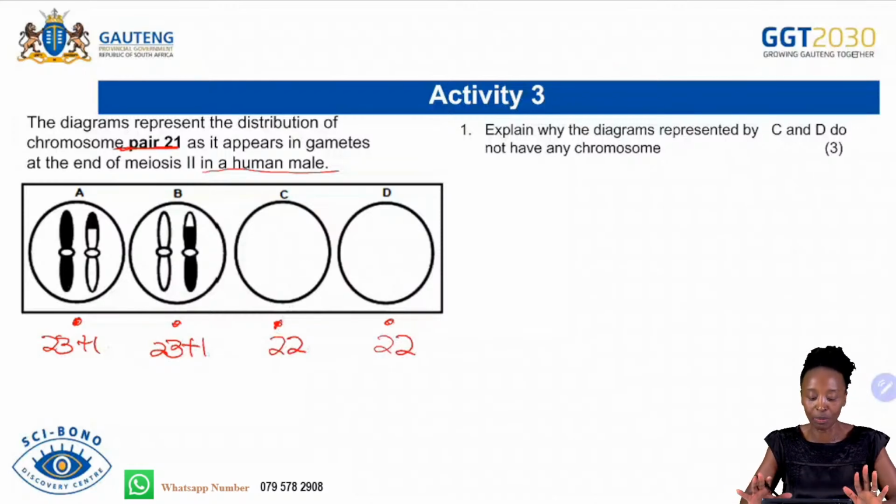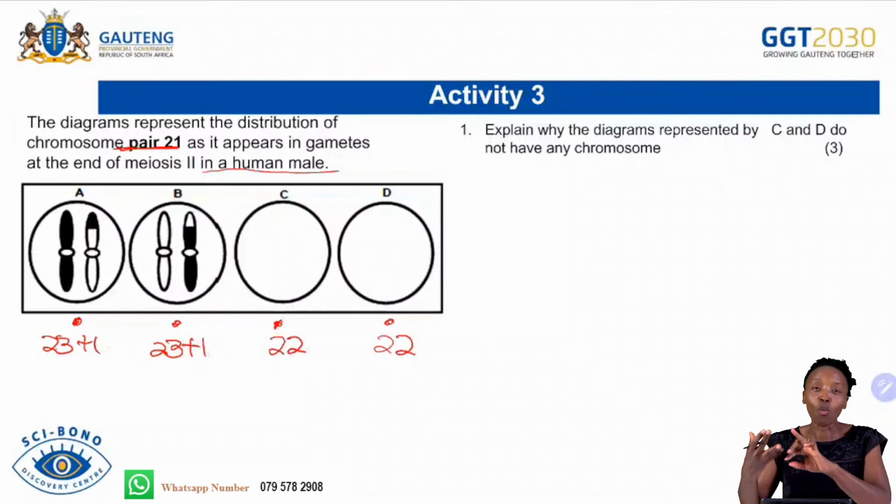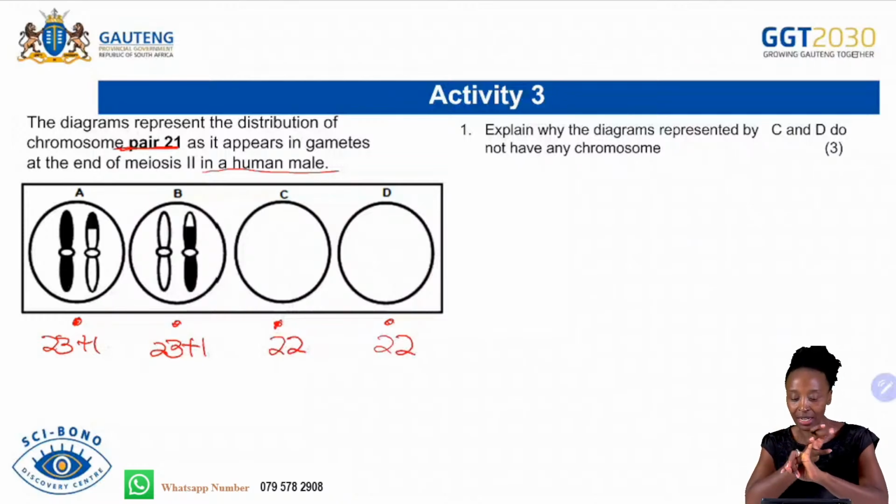None of the cells will be normal because 2 will have an extra copy and 2 will have one less copy. Whereas if it happens in anaphase 2, 2 cells will be normal, 1 will have an extra copy, and 1 will have one less copy.